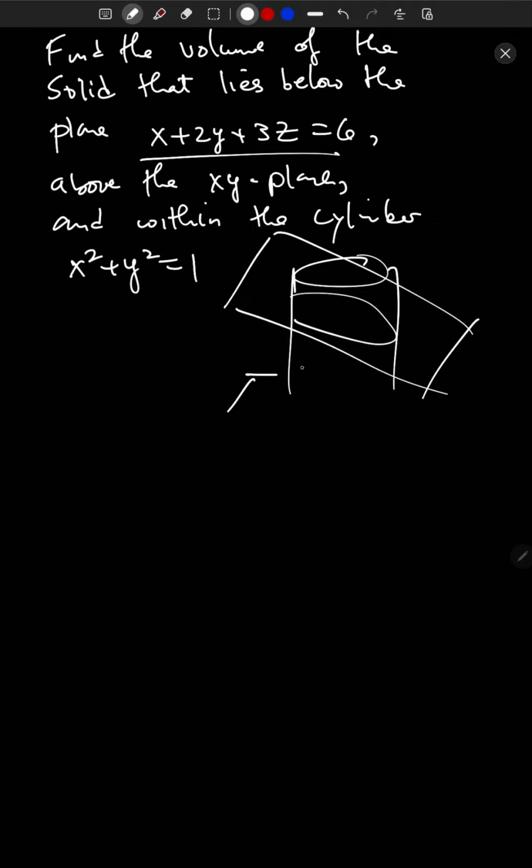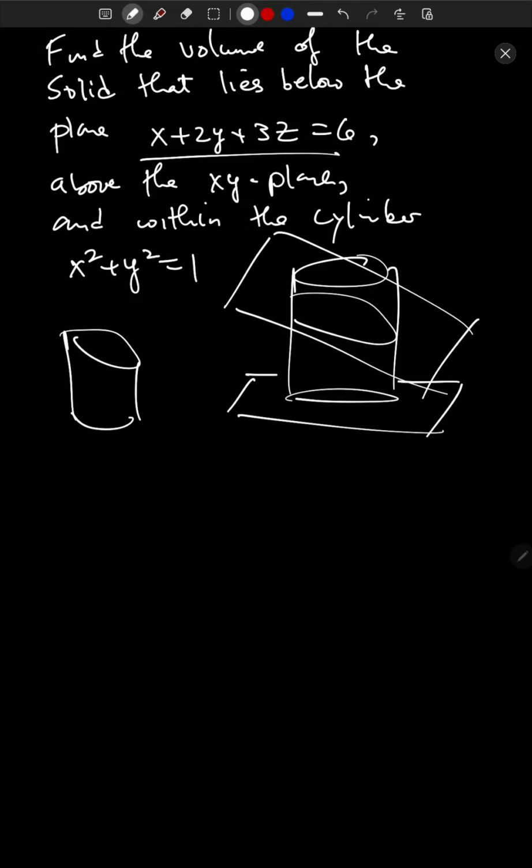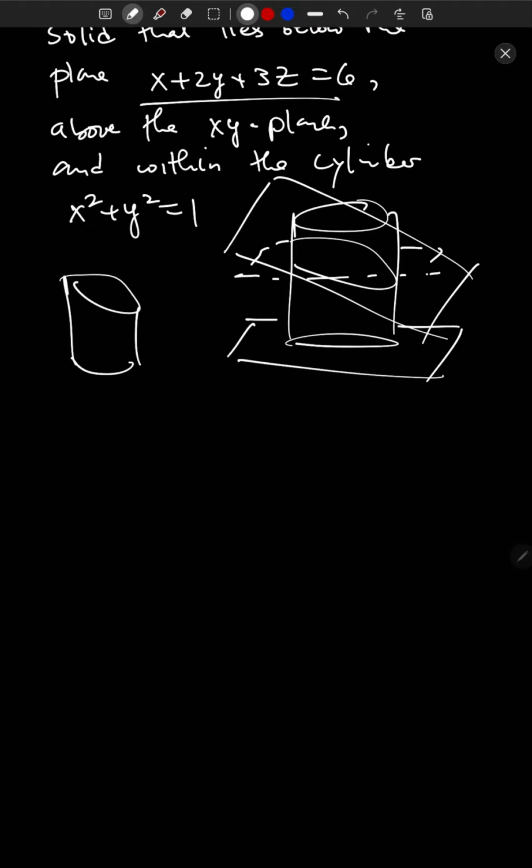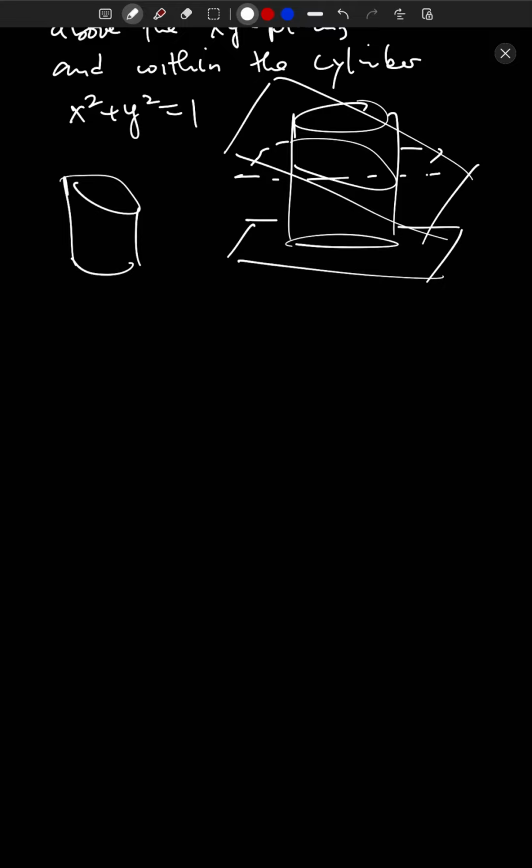If the xy plane lives down here, then our region is going to look something like this. If our xy plane lives all the way up here, relative to the other two, then our picture is going to have to be cut, like one of the examples we did last time. So let's figure that out first so that we get a good view of our region, and then we'll be able to set up the integral.